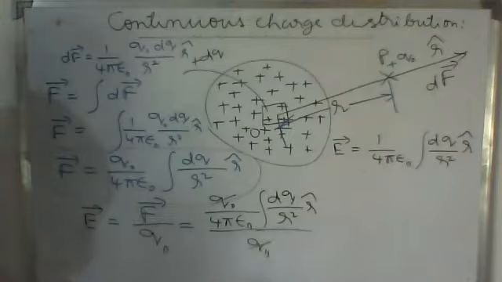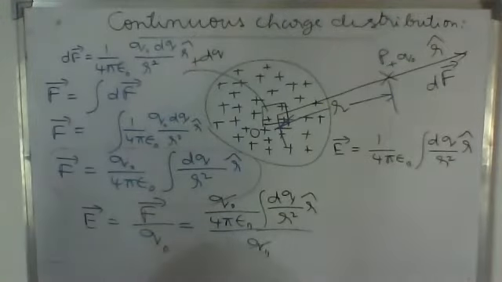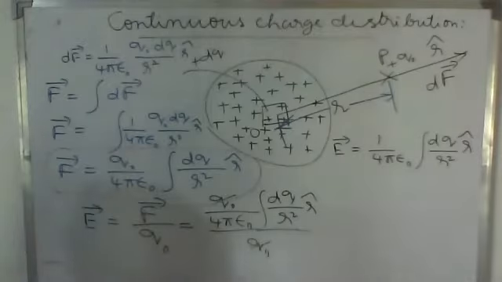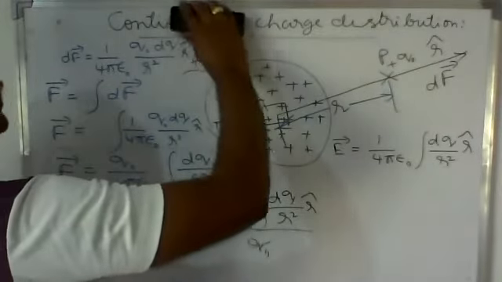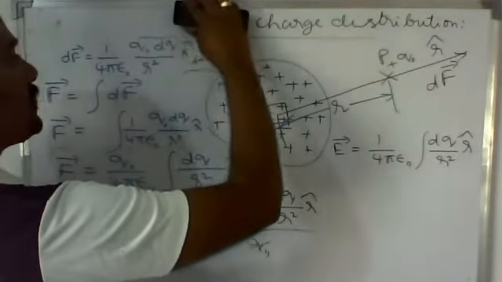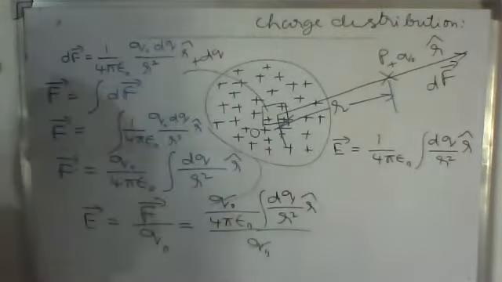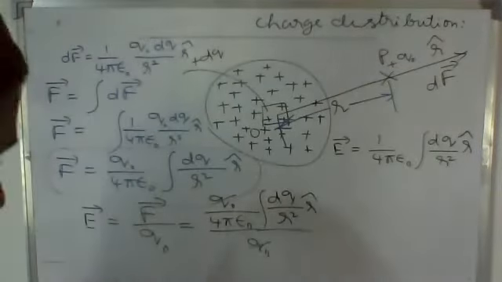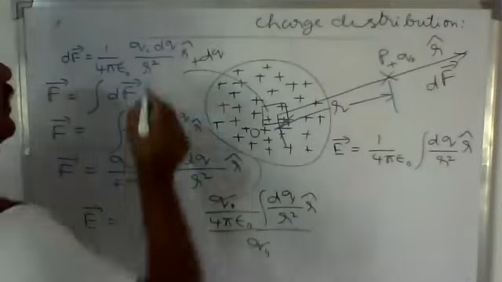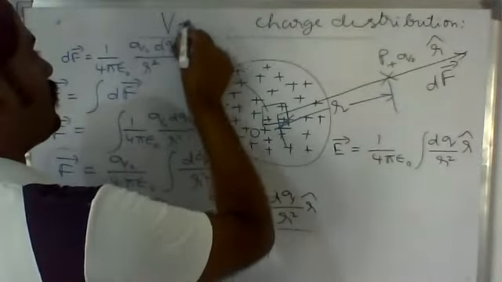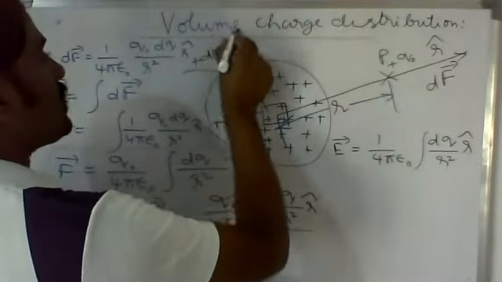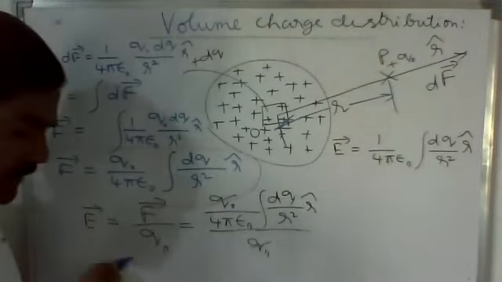Okay, so after that, let us discuss the first type of continuous charge distribution, that is volume charge distribution. What is that? Very simple.